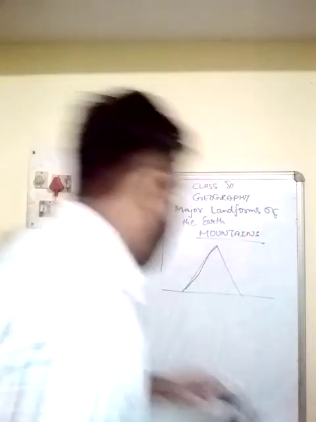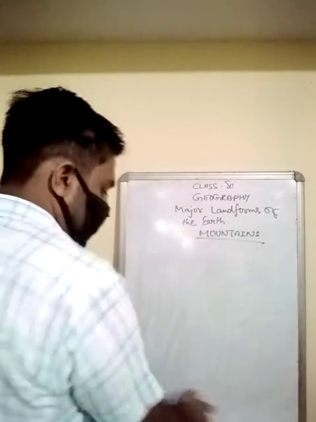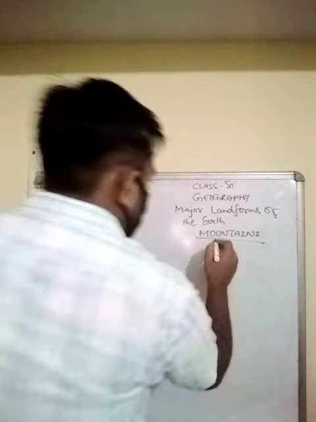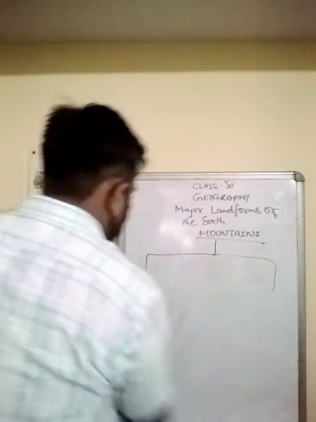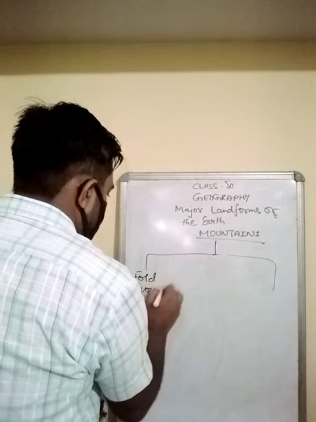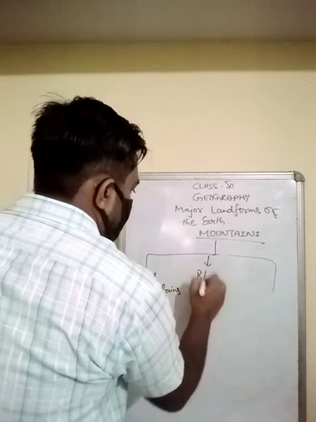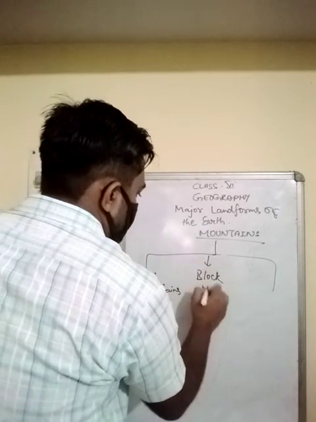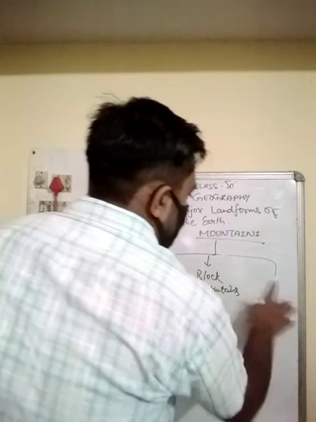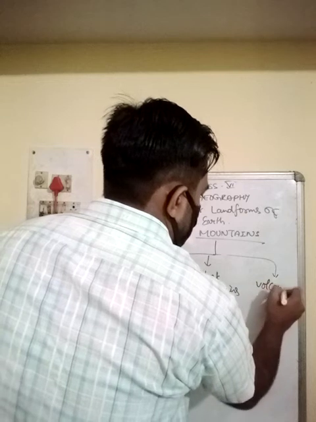Now dear children, if we have to classify the mountains, we have already done two classifications in our previous chapter. We have fold mountains, then we have block mountains, and then the new one which we will be learning is volcanic mountains.